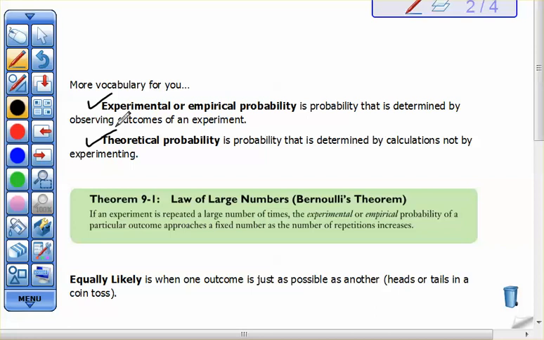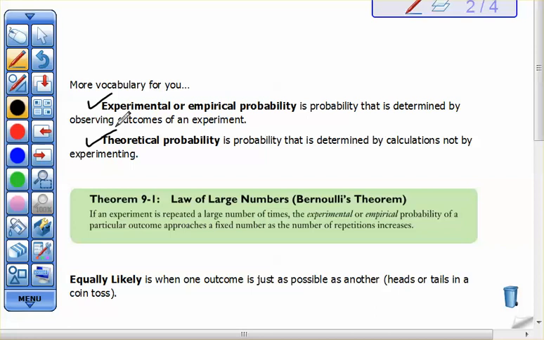Experimental or empirical probability is what is determined by observing an experiment. I know it's kind of hard at first because we haven't gotten into this yet, but let's look at a coin. If I were to toss a coin, the outcomes could either be heads or tails. True? Okay.